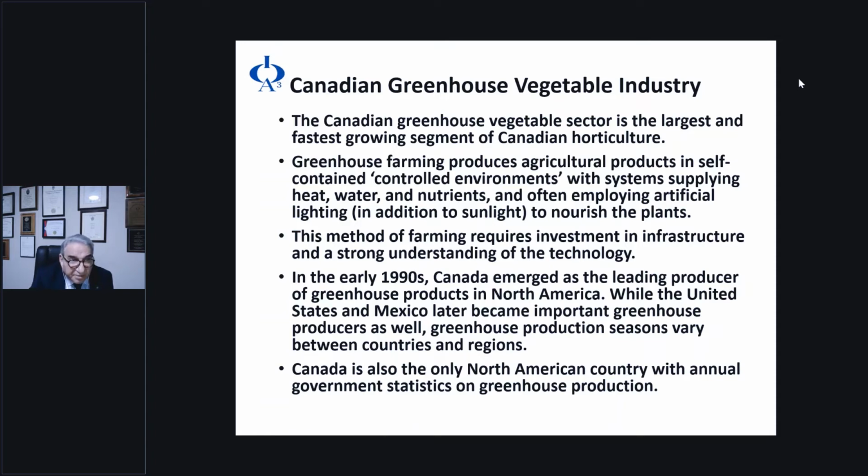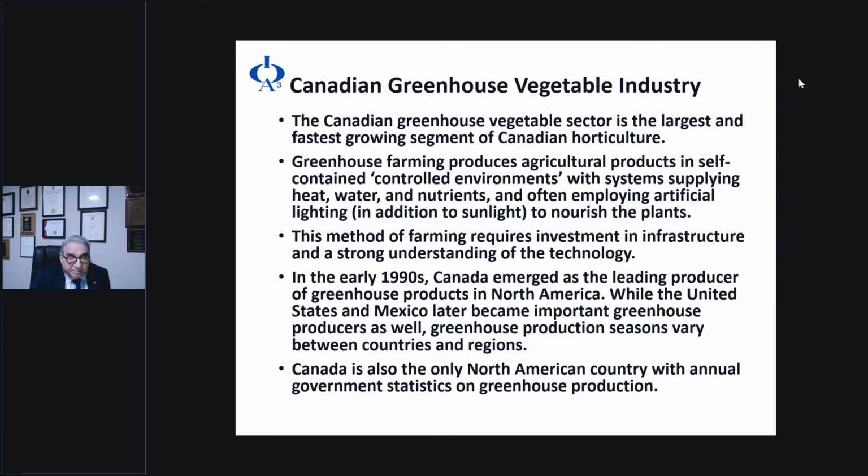Greenhouse farming produces agricultural products, and it's been quite useful due to the ability to provide products when the usual products are not available, and that would reduce prices that could go very high if you don't have enough available.